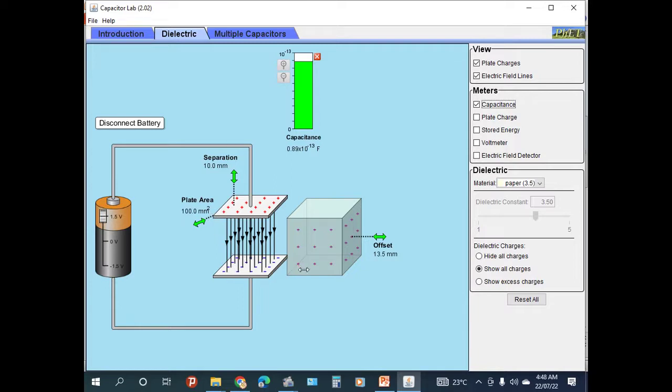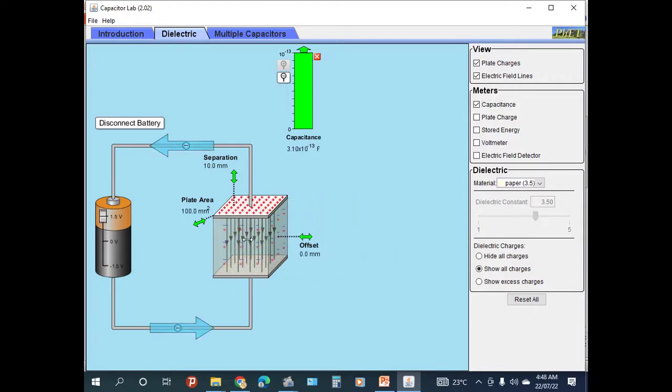What factor affects the capacitance of a capacitor when the dielectric material is inserted?